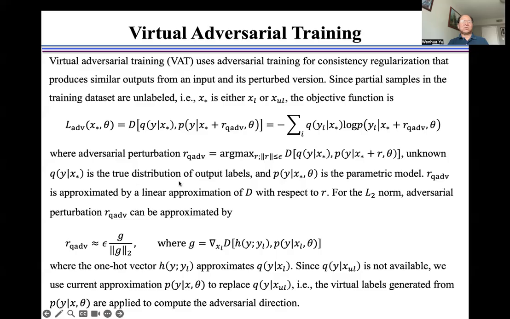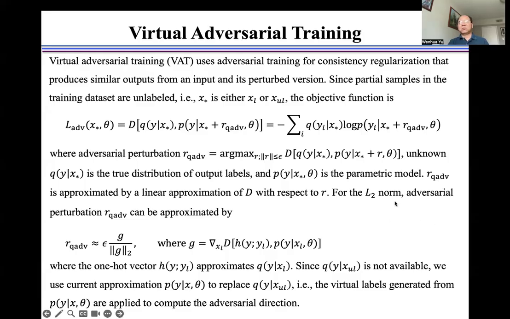The unknown q is the true distribution of output labels, and p is the parametric model. r_qadv is approximated by linear approximation of D with respect to r.